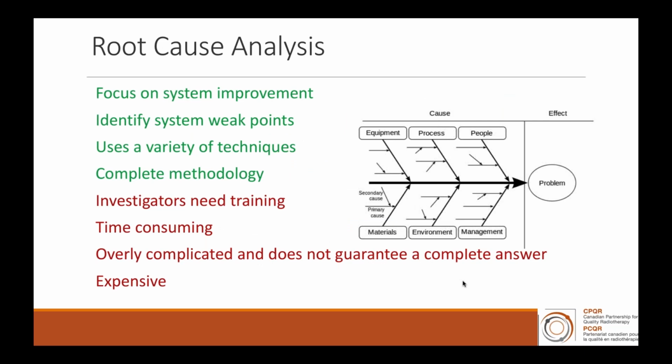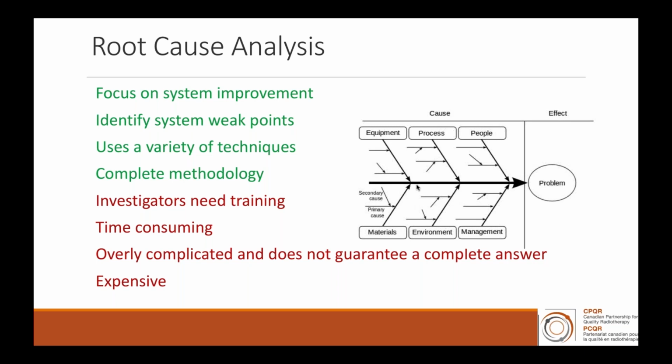So let's focus for a moment on root cause analysis. Root cause analysis uses tools such as the fishbone diagram or Ishikawa diagram shown here on the right that helps us identify the steps of a process and the workflows and the causes classed either by equipment, process, people, management, environment, and materials that may lead to a problem being caused.